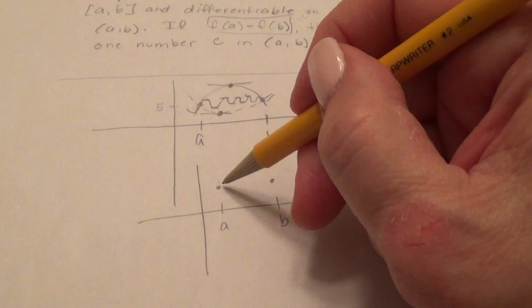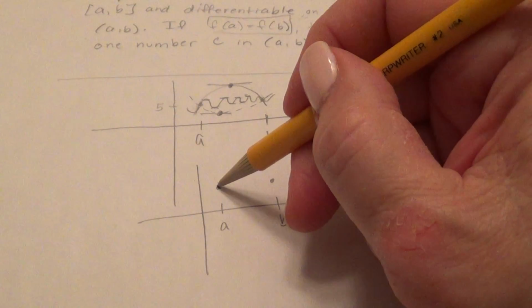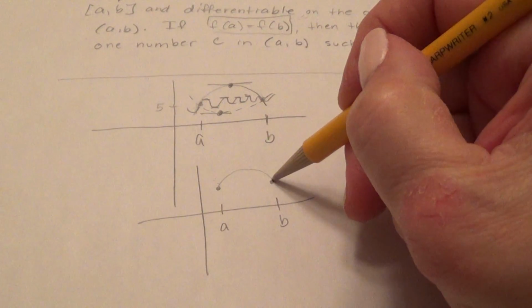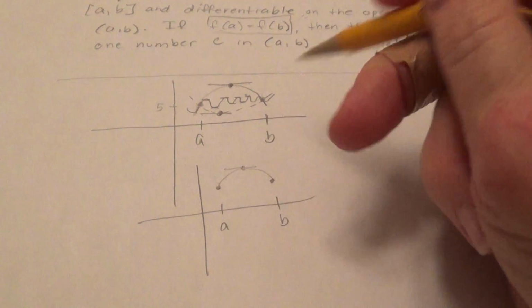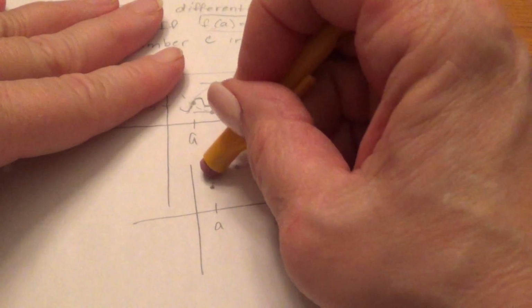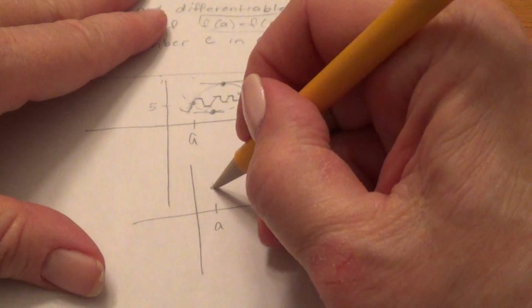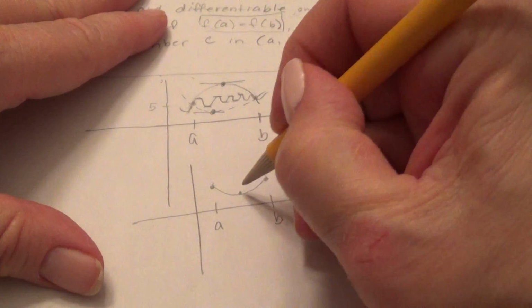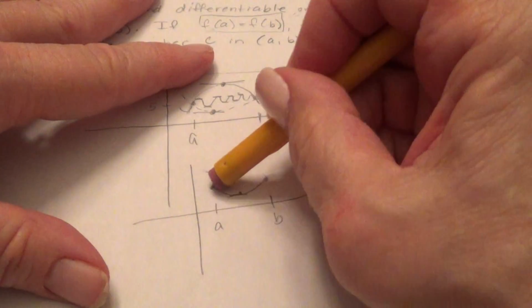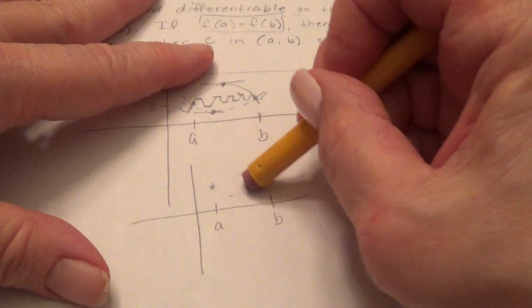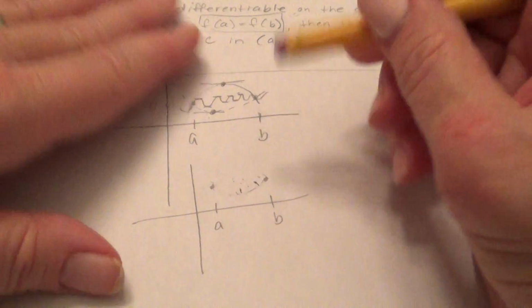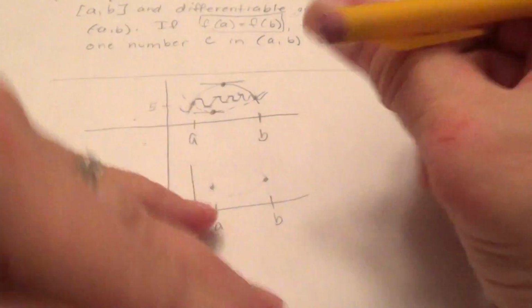You might try going like that, but that has a spot here where the derivative is 0. You might try going down, but that has a spot where the derivative is 0. So then you'll really try to outwit Rolle by going straight across.